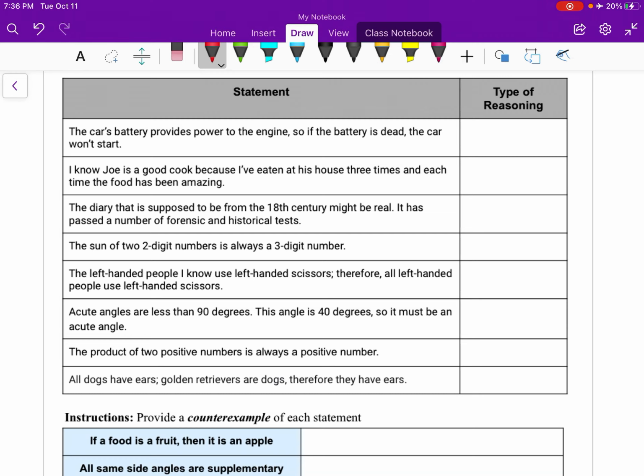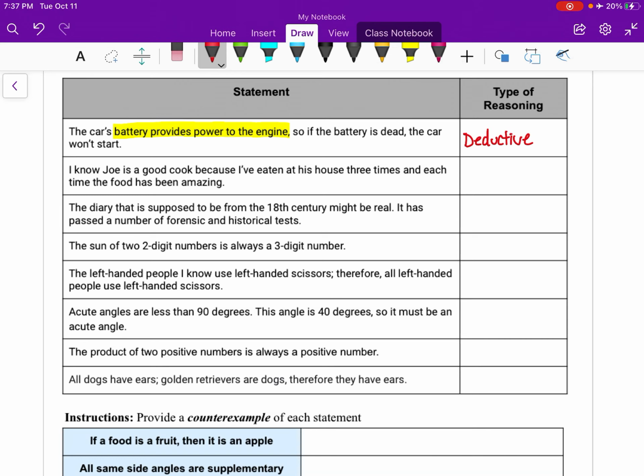This statement is based on the fact that the battery provides power to the engine. What we're doing is taking a fact and reaching a conclusion logically. This statement is an example of deductive reasoning.